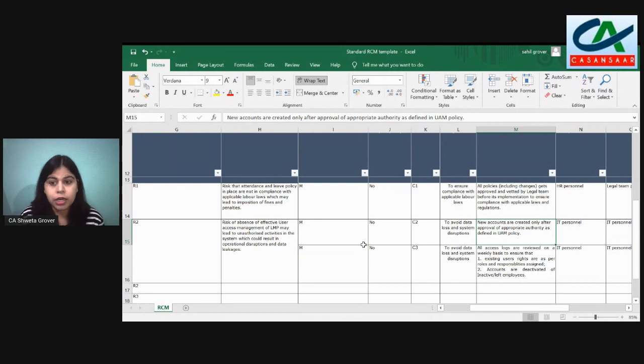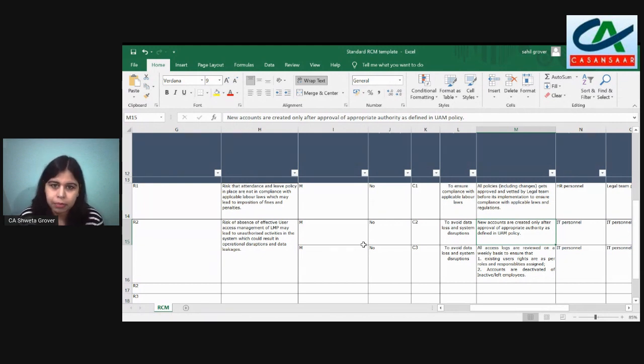When you are testing this control, you need to check whether that appropriate authority has been defined properly, like who all have rights to approve the new accounts. That should be the line manager, one person from IT, and one person leading that IT personnel. So two people from IT, and one from the line manager.